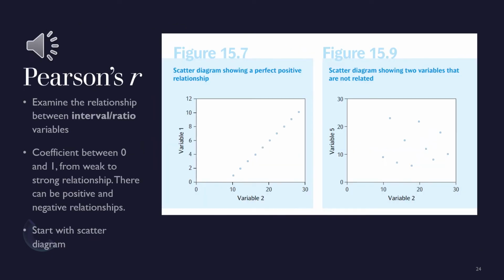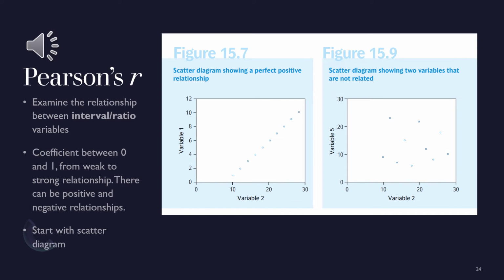What happens if both the variables or both the questions you're looking at are interval or ratio variables? Well, then you can compare them on a scatter graph, and then you can determine the relationship between variable 1 and variable 2 and summarize that in one simple number.